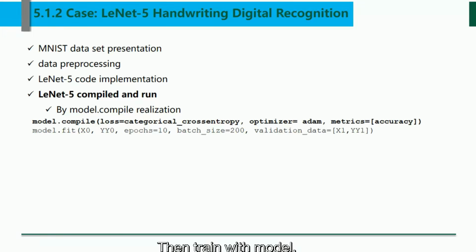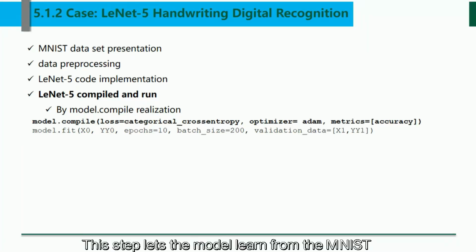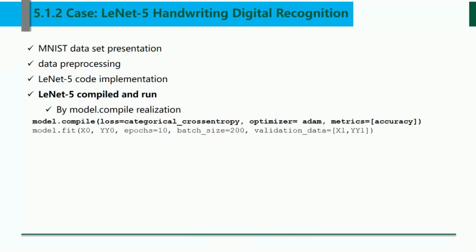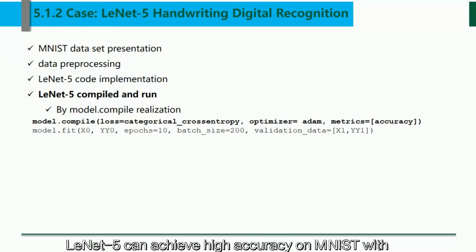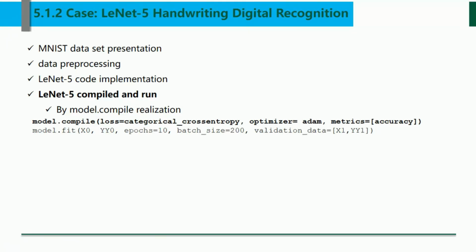Then train with model.fit, use the training set x0, yy0, train for 10 epochs, batch size 200, and validate on the test set x1, yy1. This step lets the model learn from the MNIST data and test its generalization ability. Usually, LeNet-5 can achieve high accuracy on MNIST with this setup.